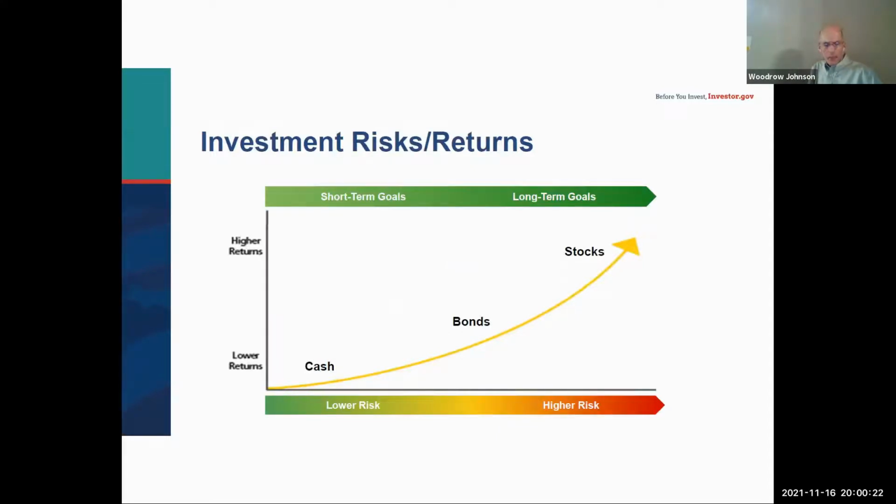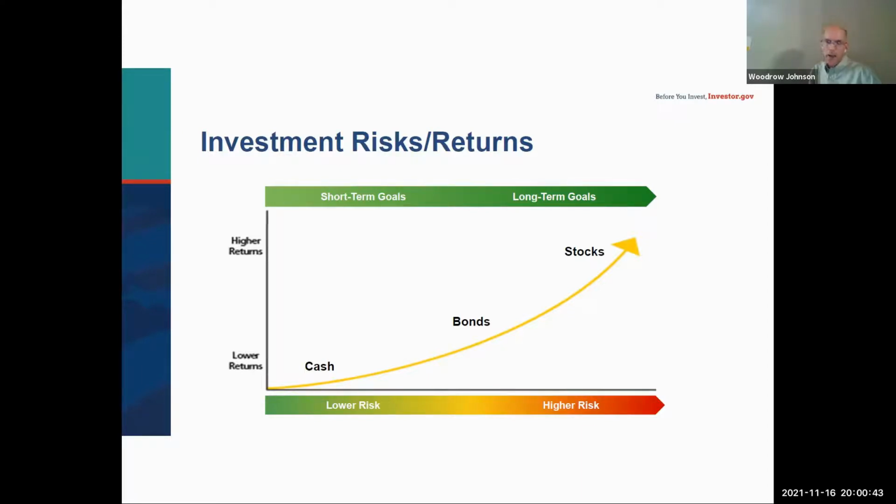Given assets in the financial market, I can group them into different categories. And three common categories are cash, bonds, stocks. So stocks, it turns out, if I look at the historical record over the last 100 years, are the riskiest of these three kinds of assets. They also, though, have the highest return.